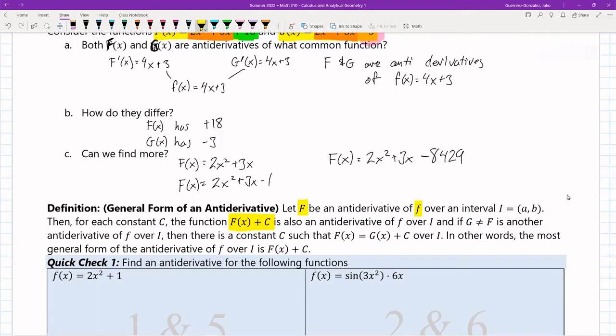And moreover, if you find another g that is not equal to F, that is another antiderivative of little f over I, right? Then they must differ by a constant. Okay, this is why we can say it's the general form of an antiderivative.